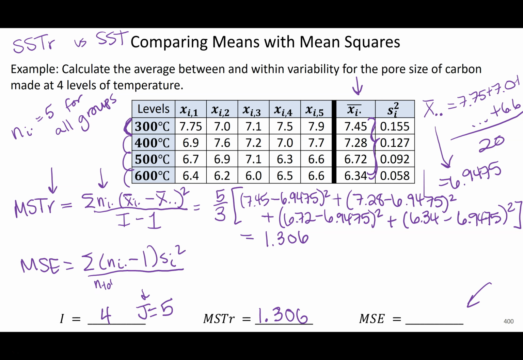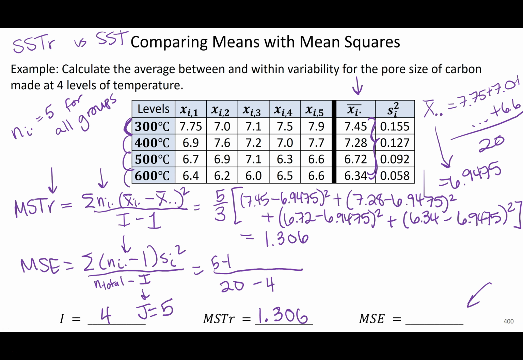So n total minus the number of groups. So there are 20 observations total minus 4 groups, and then it'll be 5 minus 1 for all groups, times s_i squared.